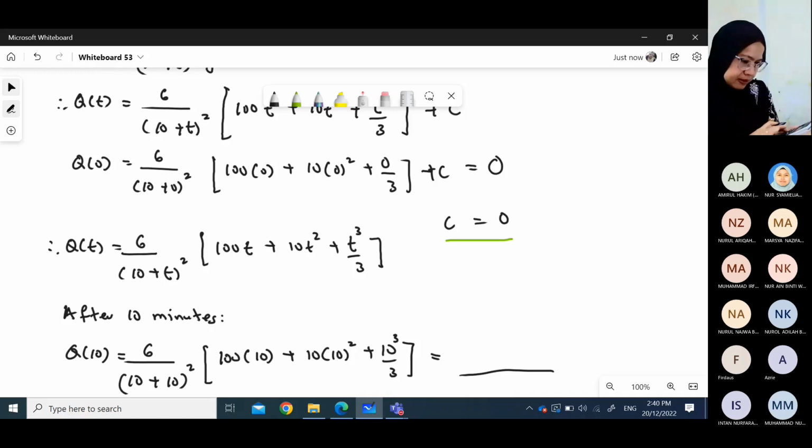Plus 35. So the quantity of salt after 10 minutes is 35 kg. 35 kg.